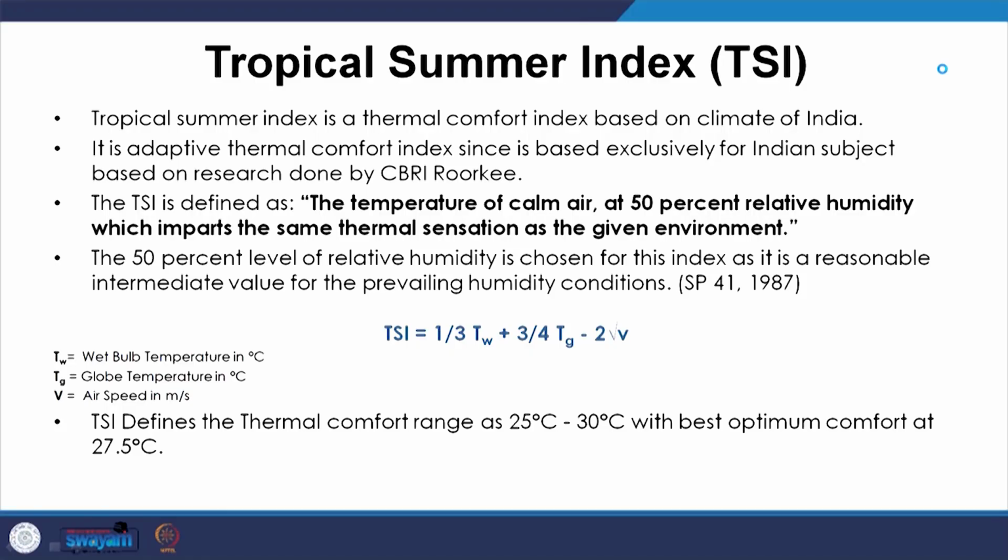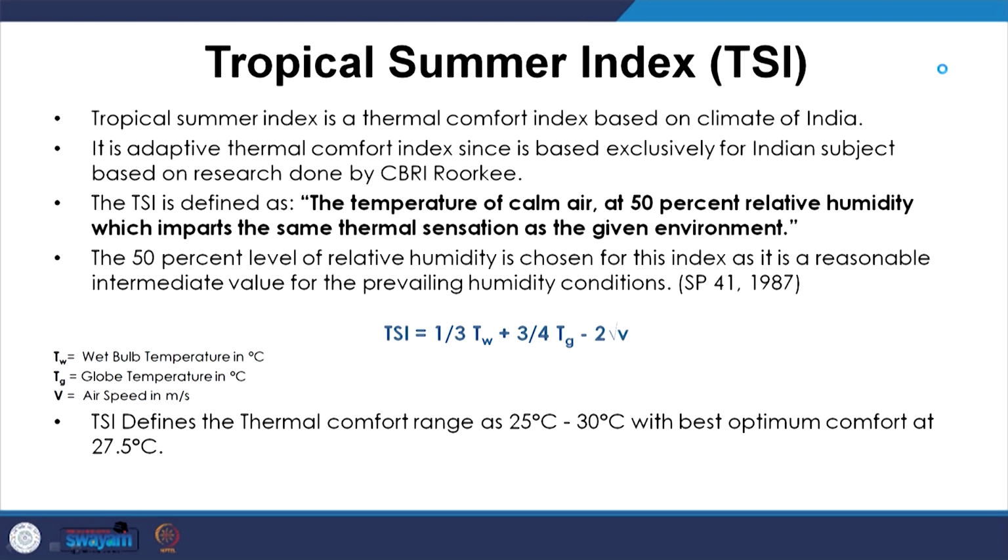The thermal comfort index which was developed for India by scientists from CBRI, Central Building Research Institute at Roorkee, is an adaptive thermal comfort index because it was exclusively based on the study of Indian subjects, human beings within the tropical climate of India.